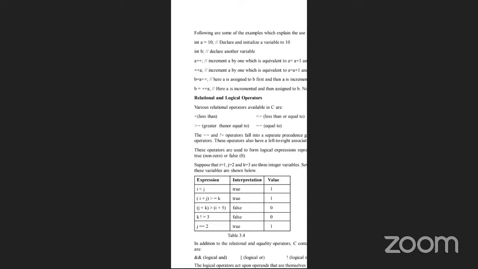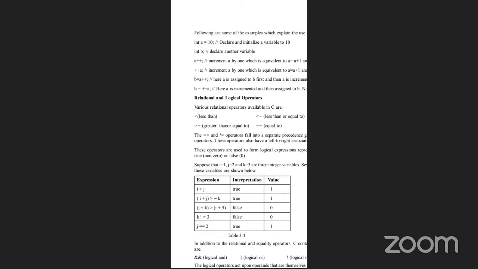Increment A by 1, which is equivalent to A equal to A plus 1, and the value is 11. A plus plus does not mean 10 plus 10. It means increment by one value, so that is equal to A plus 1.